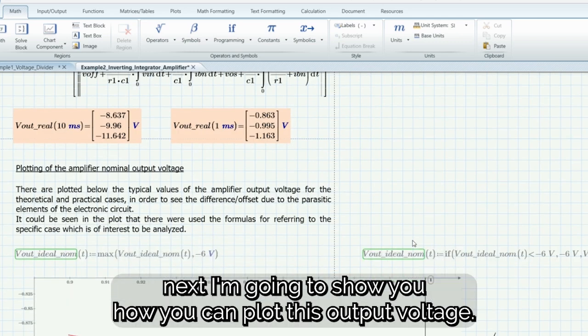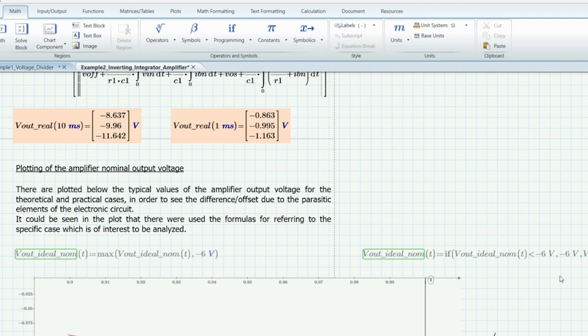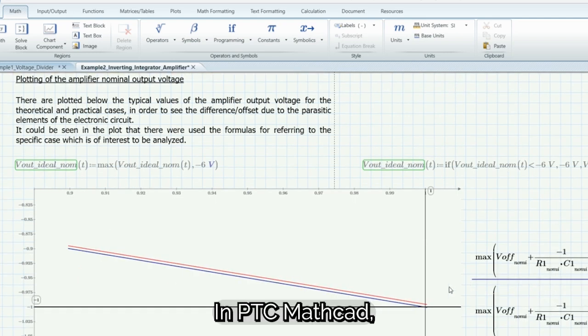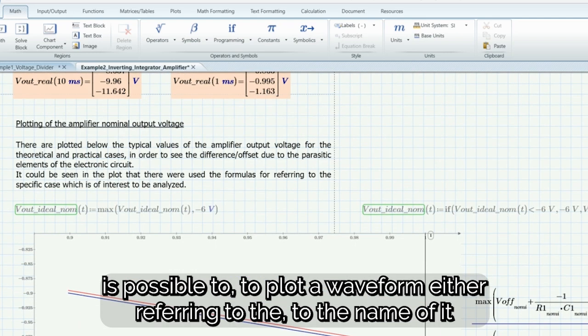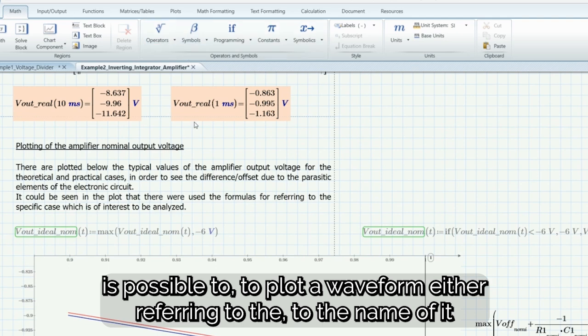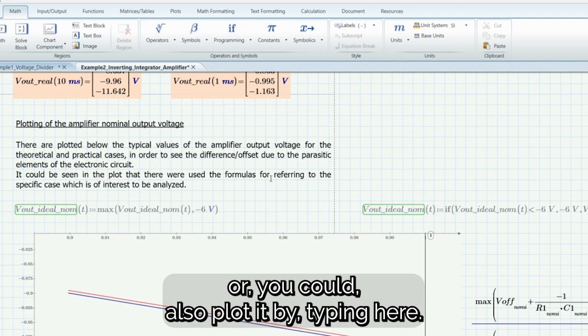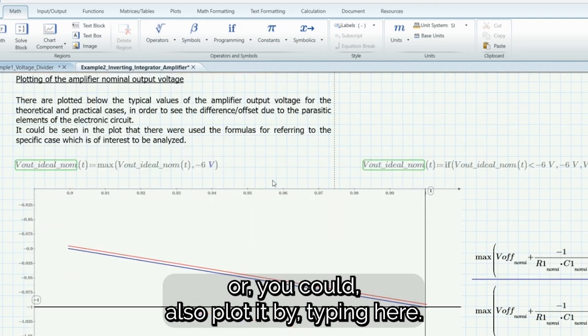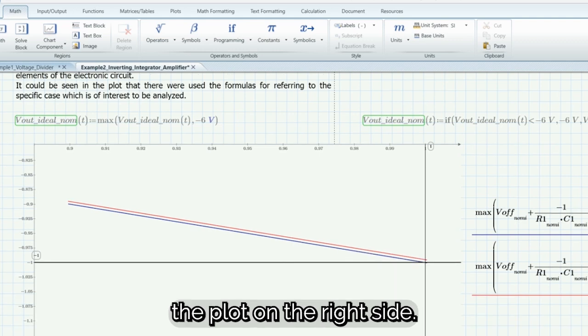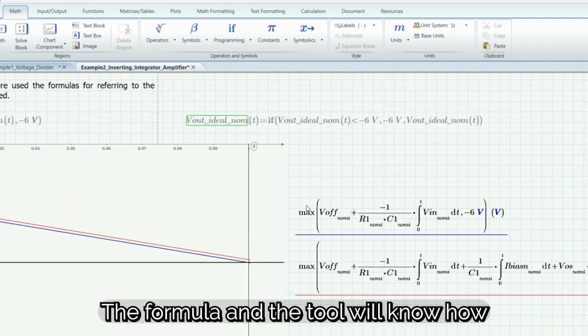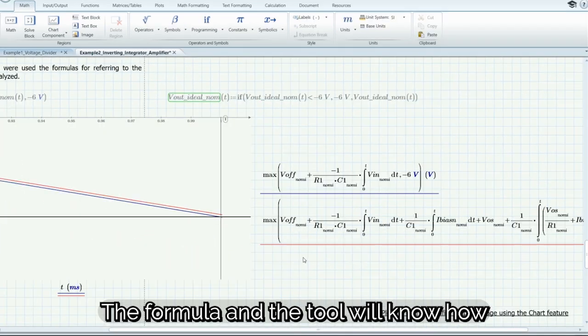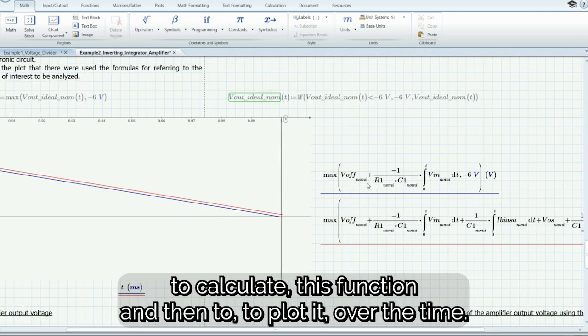Next, I'm going to show you how you can plot this output voltage. In PTC Mathcad, it's possible to plot a waveform either by referring to its name, or you could also plot it by typing the formula on the right side of the plot, and the tool will know how to calculate this function and then plot it over time.